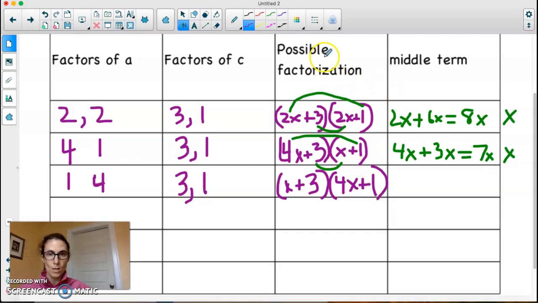Let's see what this gives us for our middle term. We're looking at our outers and our inners, and I think we have the right combo this time. x times 1 is just 1x, plus 3 times 4x gives us 12x.